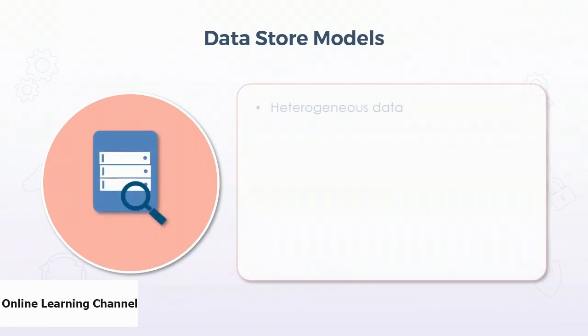Now let's discuss data store models. Modern business systems today take in a lot of heterogeneous data. This is any data with high variability of data types and formats, so it doesn't adhere to one specific schema. With that being said, sometimes it's better to store different types of data in different data stores.